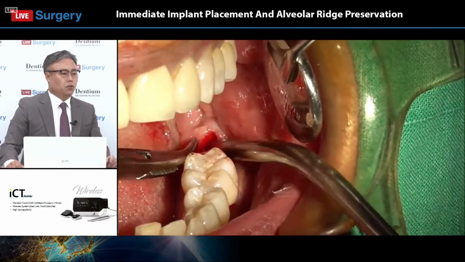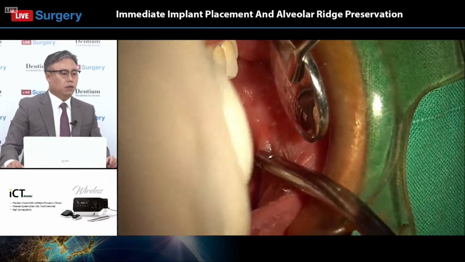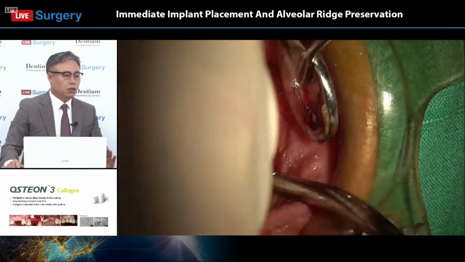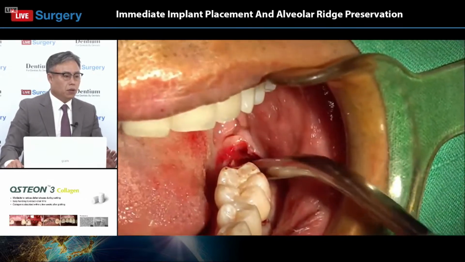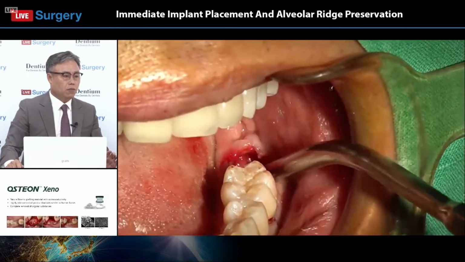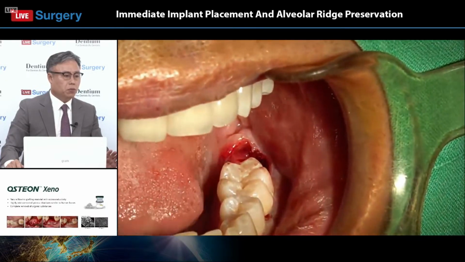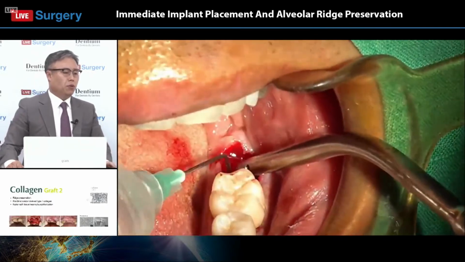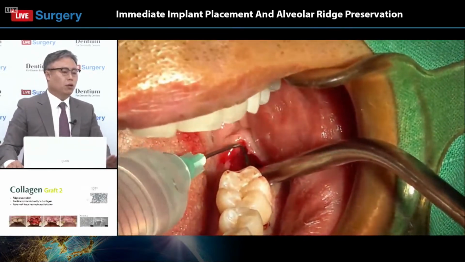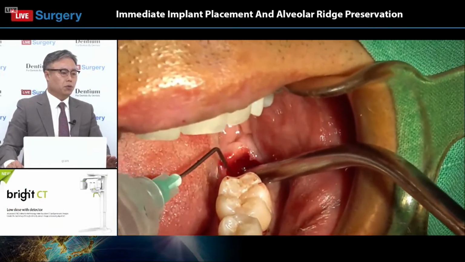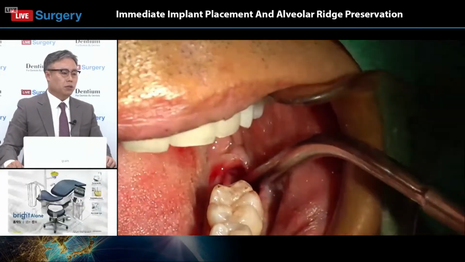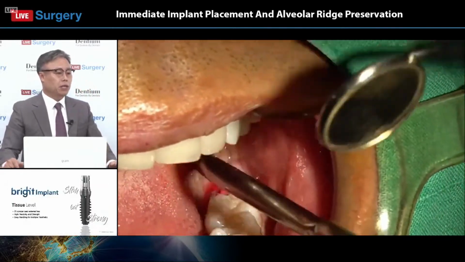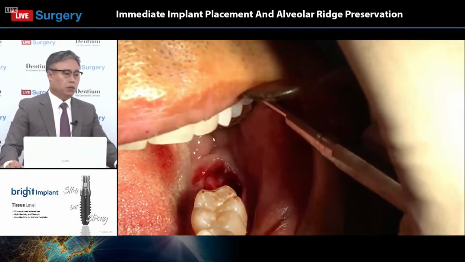I think one more thing we have to be careful about is minimizing the damage to the buccal soft tissue, because if there is a lot of damage to the buccal soft tissue, the vestibule will end up shallow. As we all know, a shallow vestibule has a lot of problems, such as food packing and some inflammation after the implant placement.